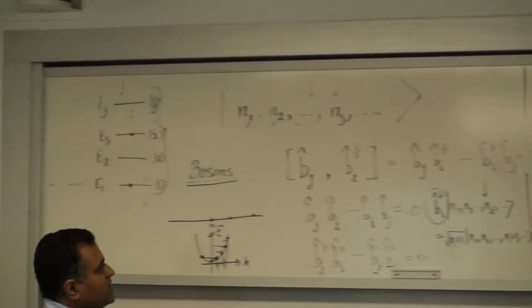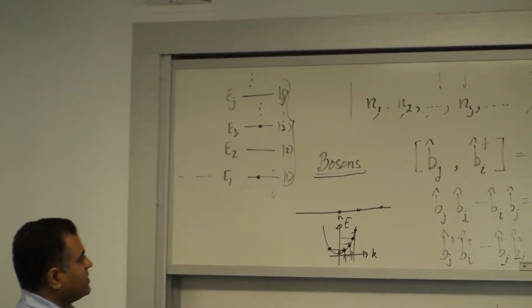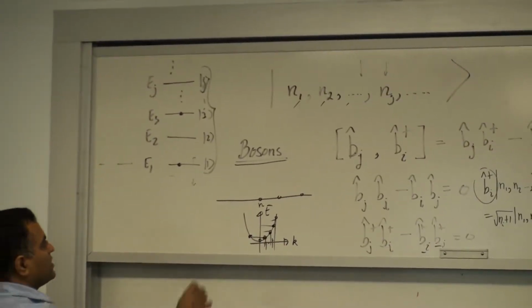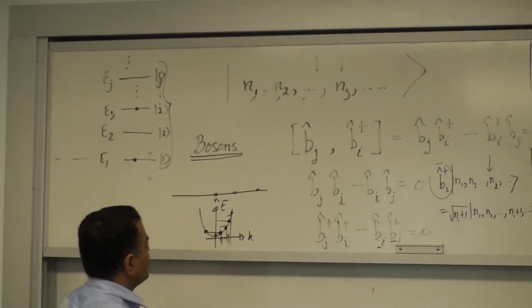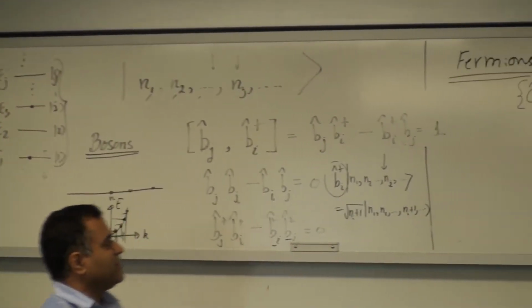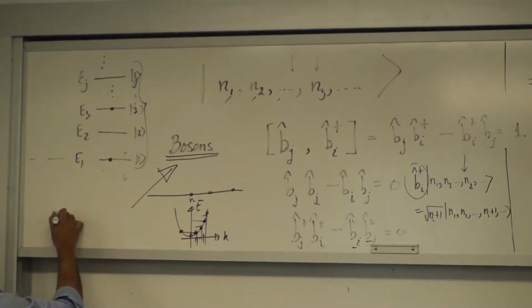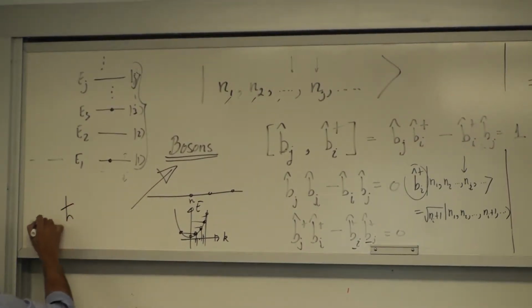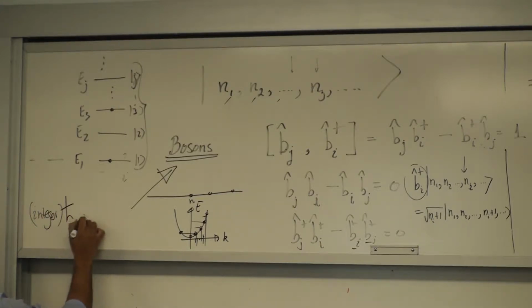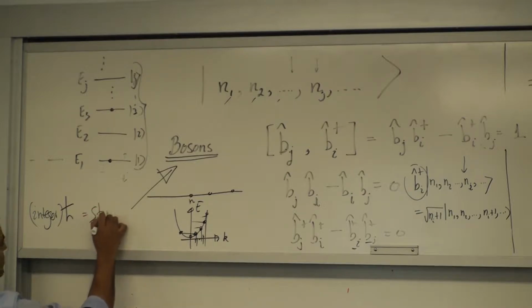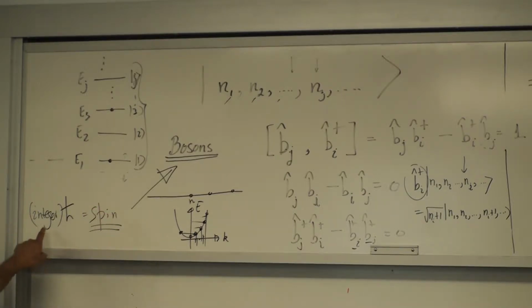Something called the spin statistics theorem in quantum field theory says that bosons must have an integer spin, right? Not half integer, but integer times h bar. Anything that is a boson will have a spin of Planck's constant times an integer.